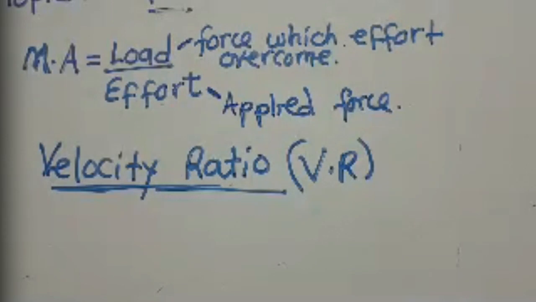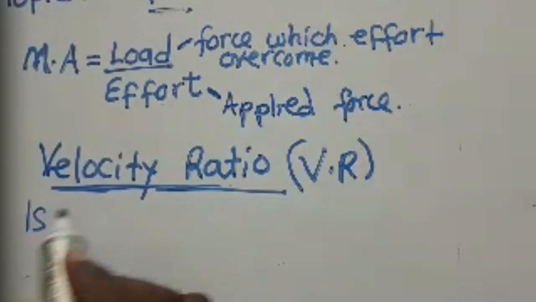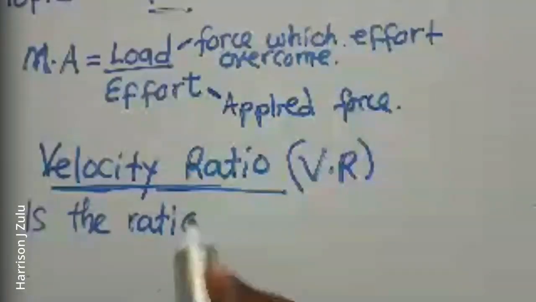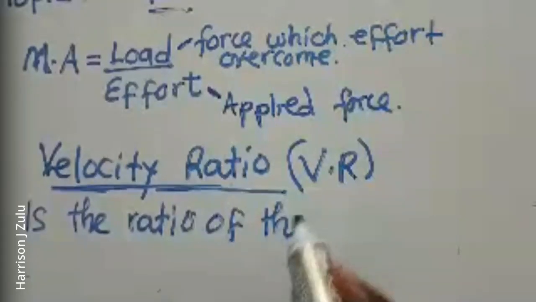So velocity ratio is just a ratio. I want you to write this definition: it is the ratio of the distance moved by effort to the distance moved by the load in the same time. I'm going to use the letter D for distance.